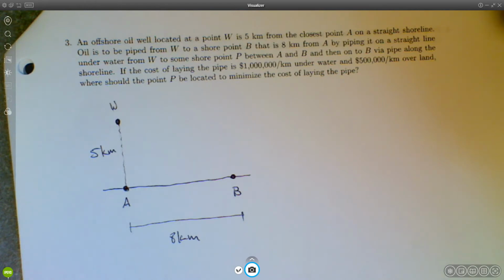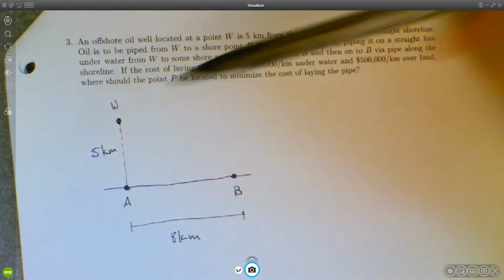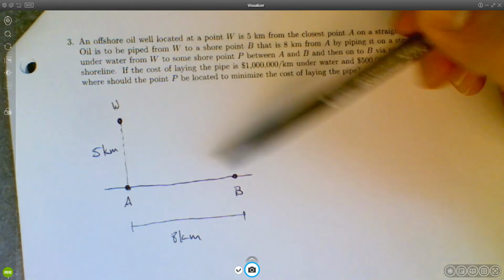Okay. So oil is to be piped from W to B by piping it on a straight line underwater from W to some shore point P between A and B. Why not just go directly to B?